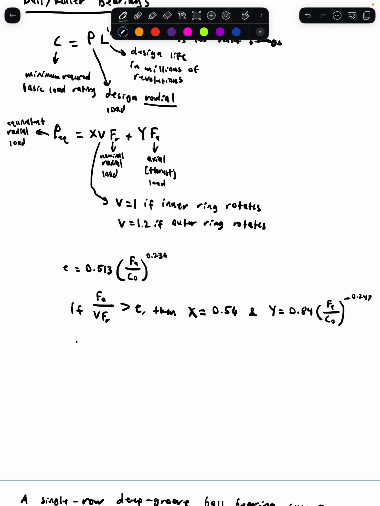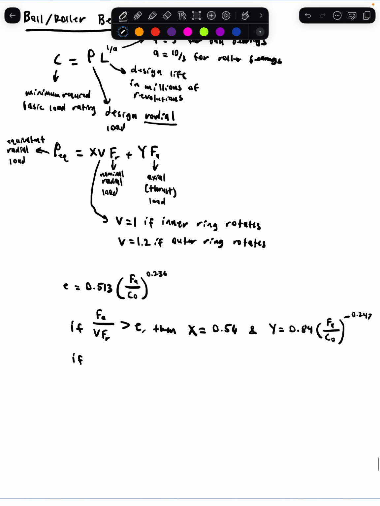But if F sub A over V F sub R is less than or equal to E, then X equals 1 and Y equals 0.